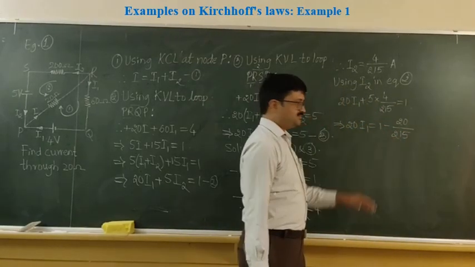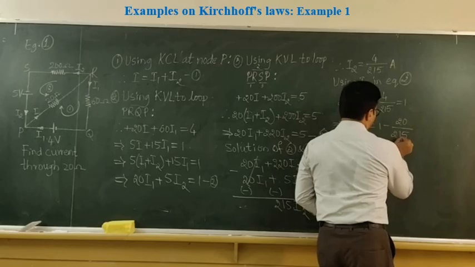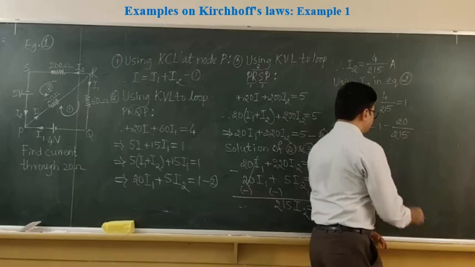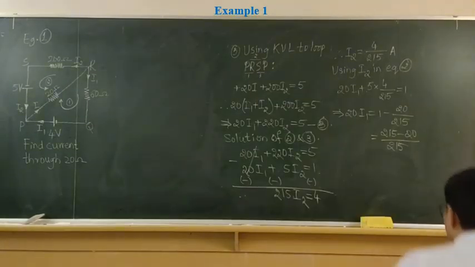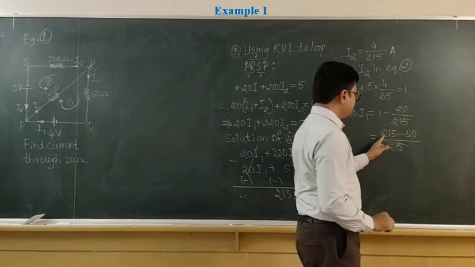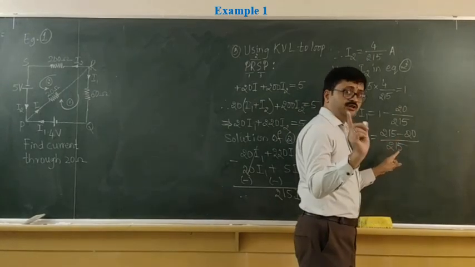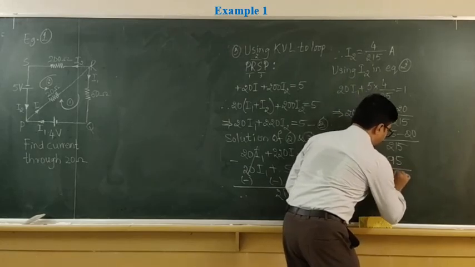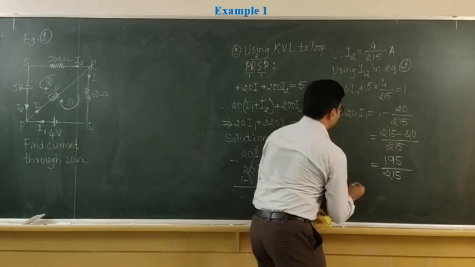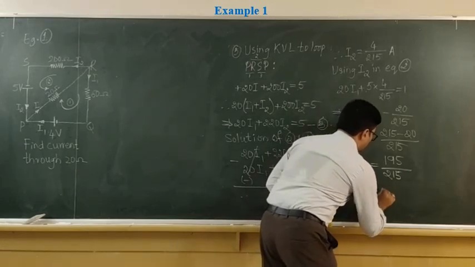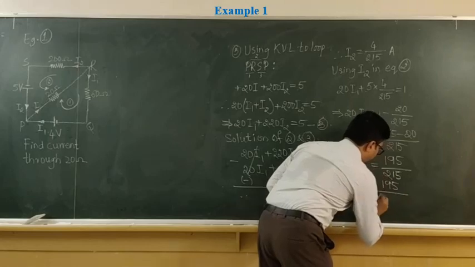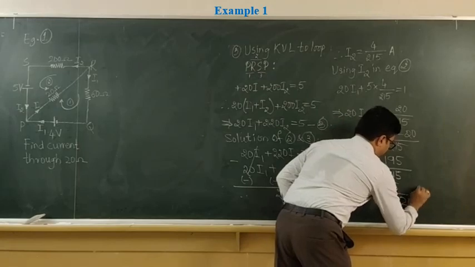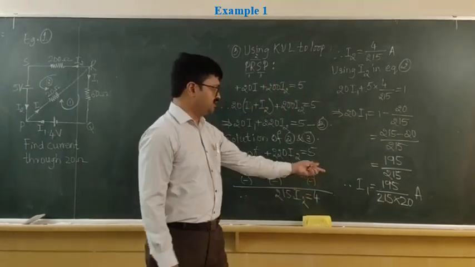Now taking LCM, we get this as 215 minus 20, which works out to be 195. So this is 195 divided by 215. Therefore, I can say I1 is equal to 195 divided by 215 into 20 ampere. So this is the current. I will not solve this.